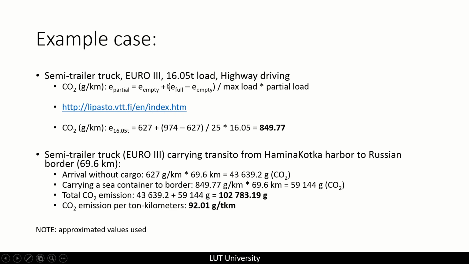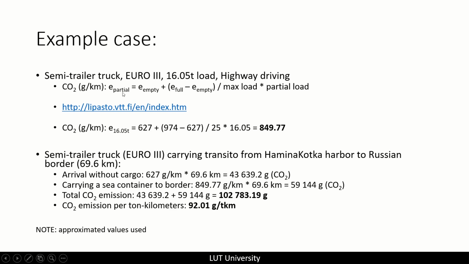So firstly, to figure out the CO2 emissions that a partial load of 16.05 tons makes per kilometer, we need to use this kind of equation.